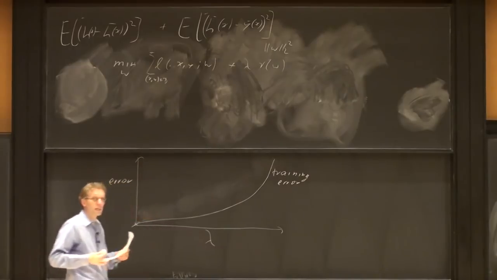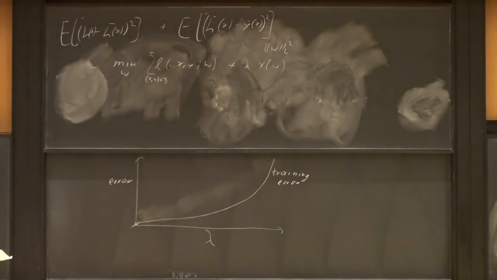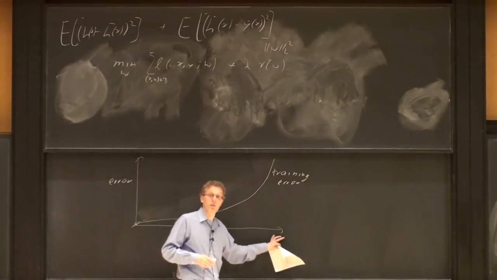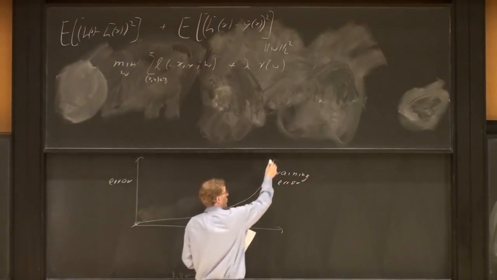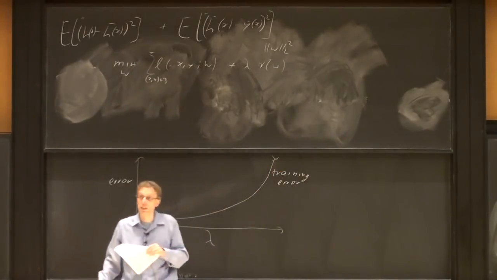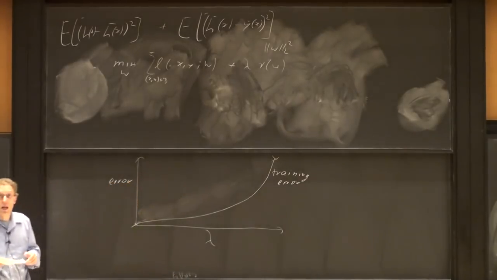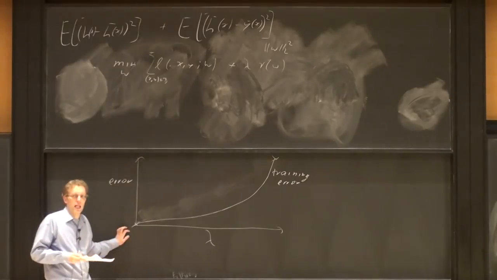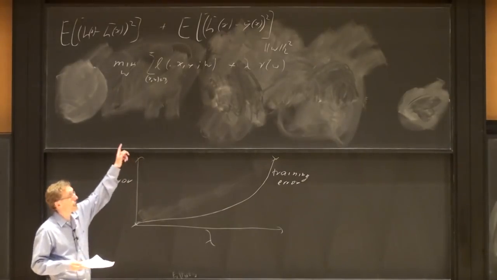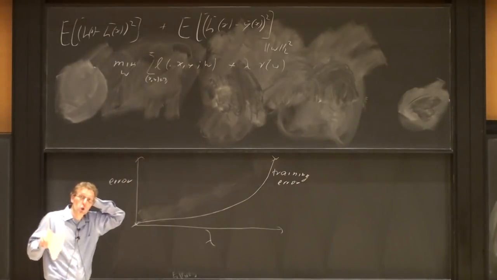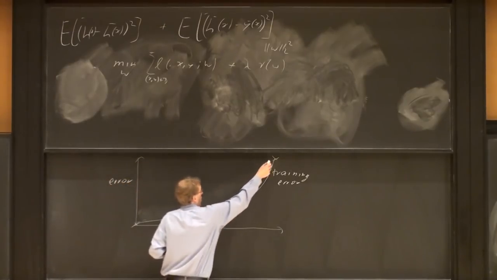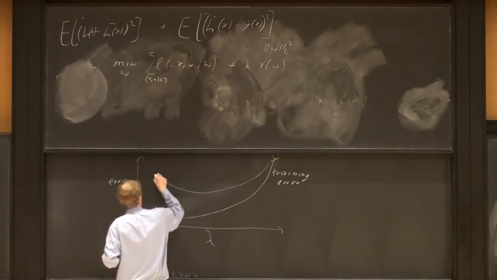And my testing error, well, here are the 2 things. Clearly, if my lambda is really, really large and I return the all 0 vector, my testing error will also be really large because I just returned a bogus classifier. If my lambda is really, really small, then the problem is I'm just minimizing the error on the training data set and focusing too much on it. So I basically get a decomposition like this.